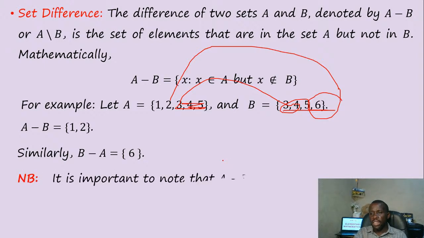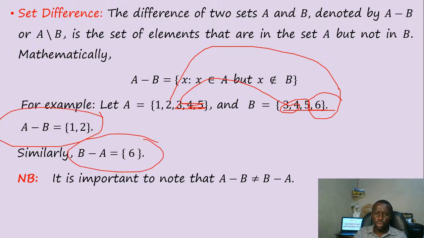We should note that it is important to know that A minus B is not the same as B minus A. Look at this one now, A minus B. Do we get the same answer as B minus A? We do not get the same answer as B minus A. So therefore, it is not always the same. Let me also give you just an instance. Let's say A is 5, for example, and B is 2, for example, A minus B should be 5 minus 2, right?